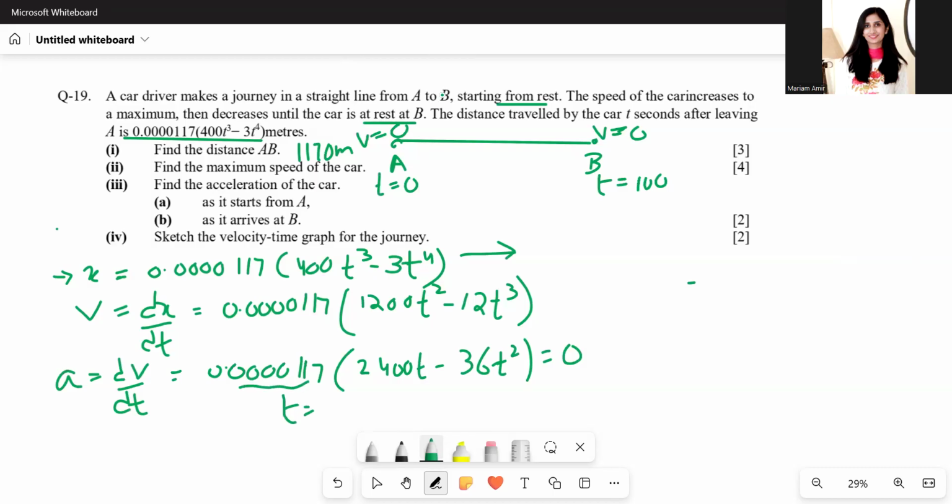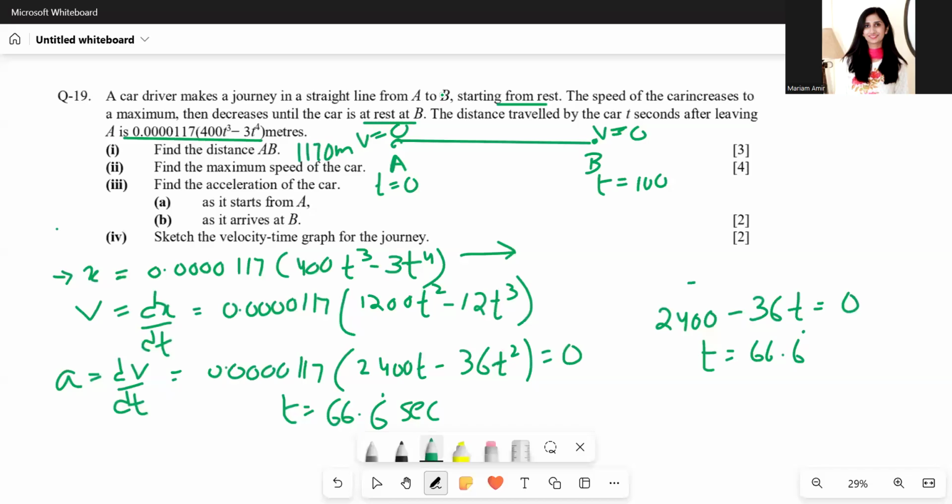Again, this coefficient is not 0 and gets eliminated, and you equate the rest to 0. Take t common. t would be equal to 0, and then we'll be left with 2400 minus 36t equals 0, which would give us t equals 66.66666 seconds, 66.6 with the recurring dot on 6.